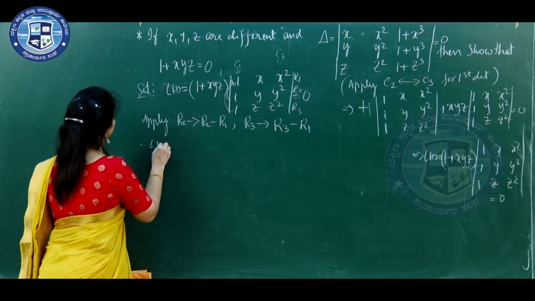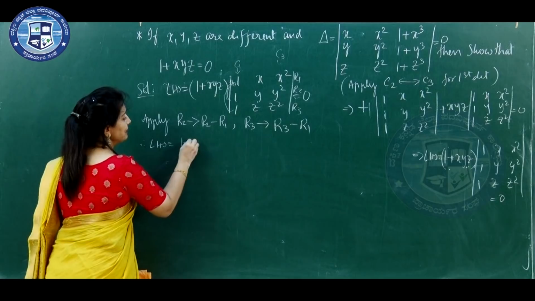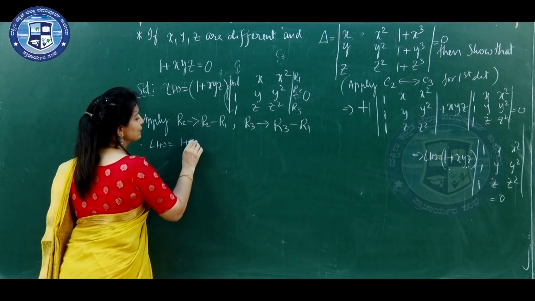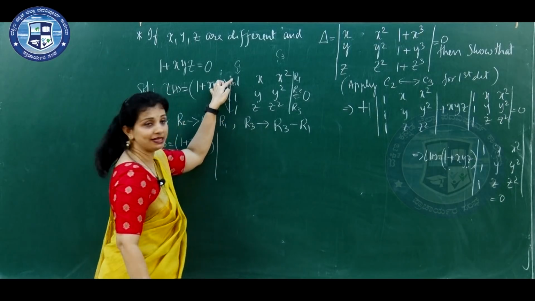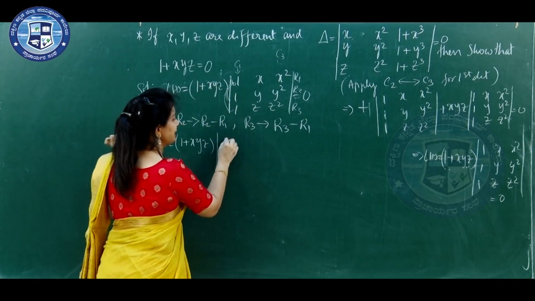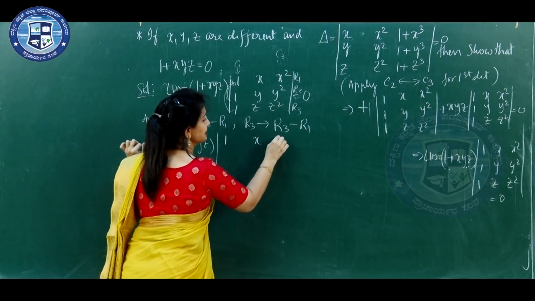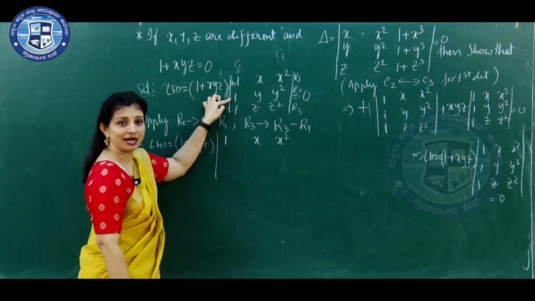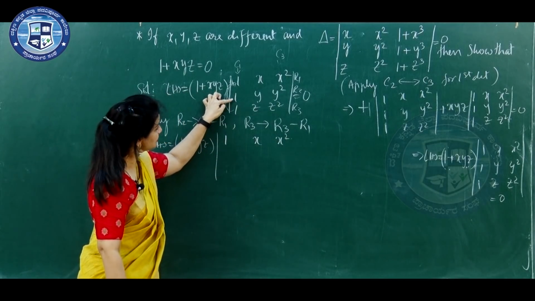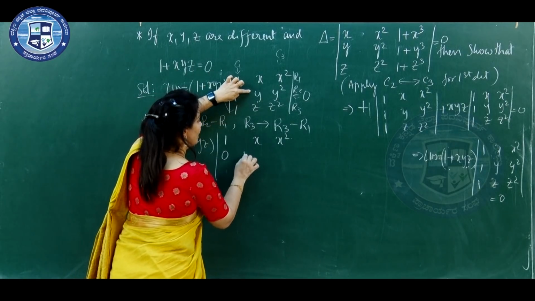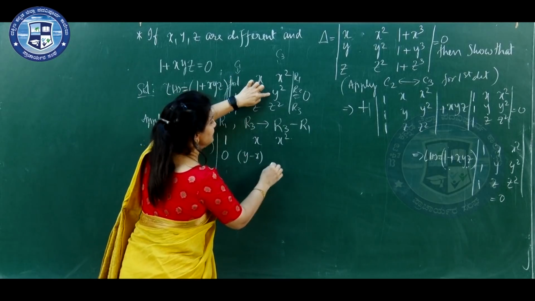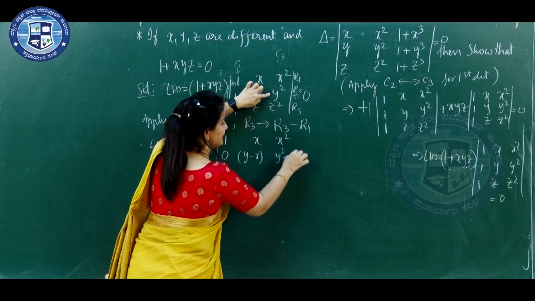Therefore LHS equals 1 plus x y z, as it is, into the determinant. The first row we are not changing, we write as it is: 1 x square. Now subtract the second row and first row elements: 1 minus 1 is 0, y minus x, and y square minus x square.